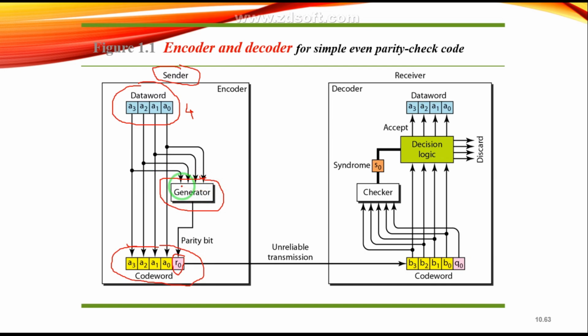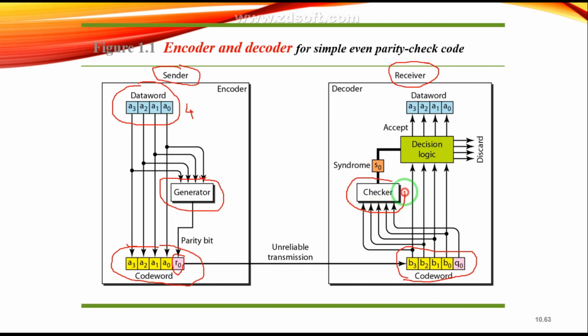At the input of the generator, there are 4 inputs, the 4-bit data word. Depending on the calculation, it is going to generate a single bit. Now we will see this encoder in detail. When this code word is transmitted, it is received by the receiver. This 5-bit code word is given to the checker.